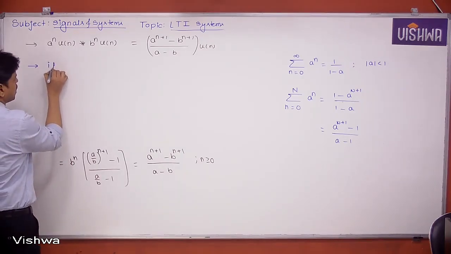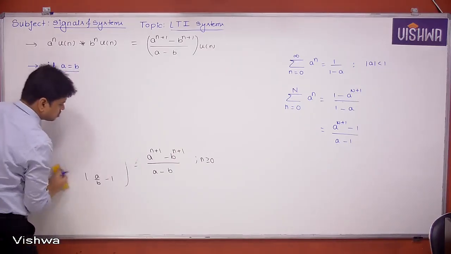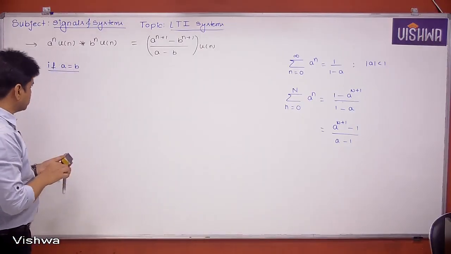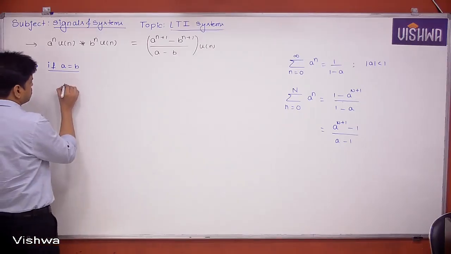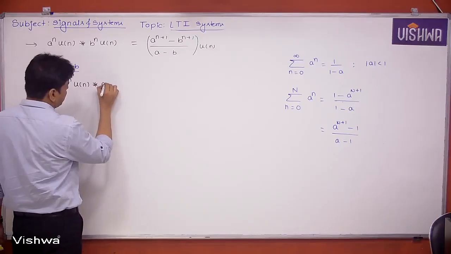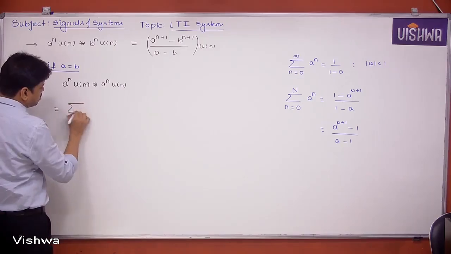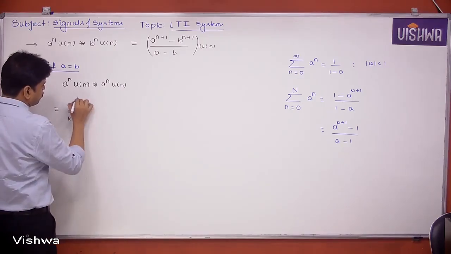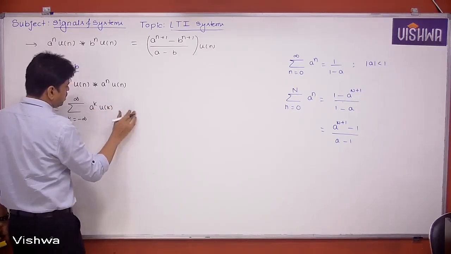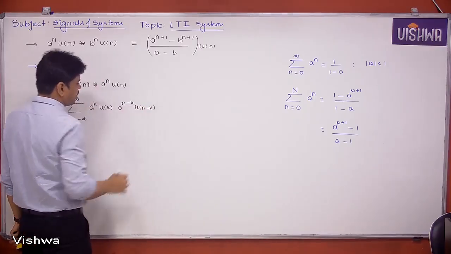If a is equal to b, that means we have to calculate a power n u of n convolution with a power n u of n. Again, if I do the summation, k is equal to minus infinity to infinity, a power k u of k multiplied with a power n minus k u of n minus k.